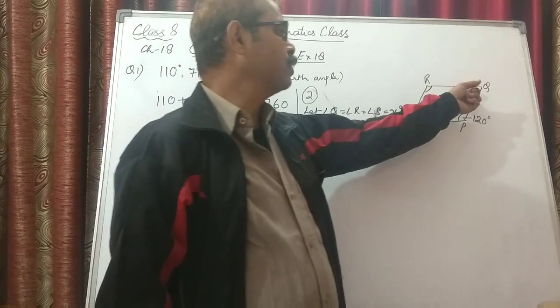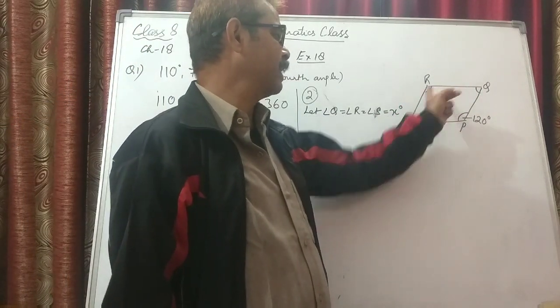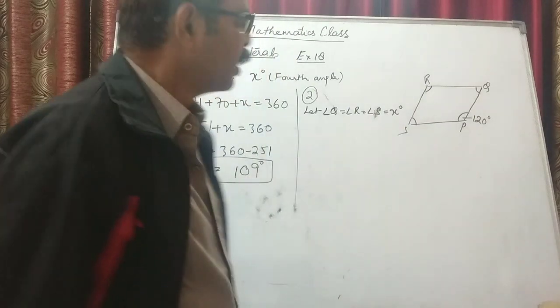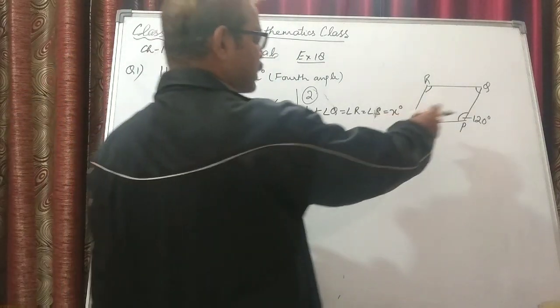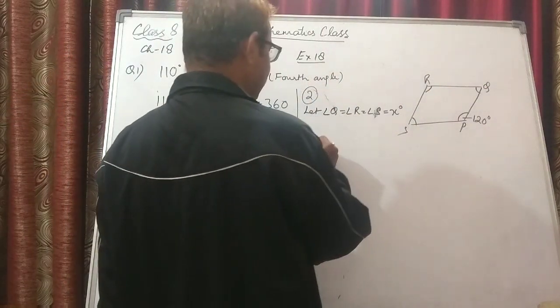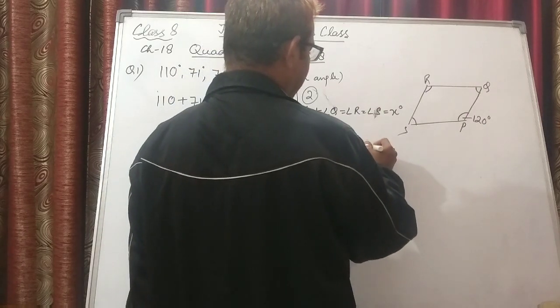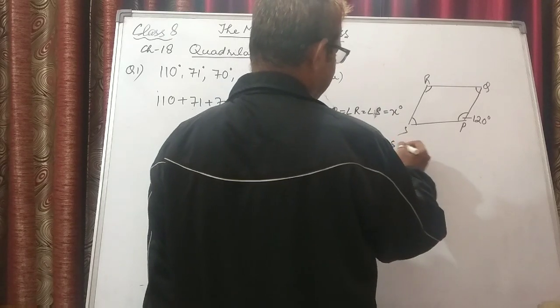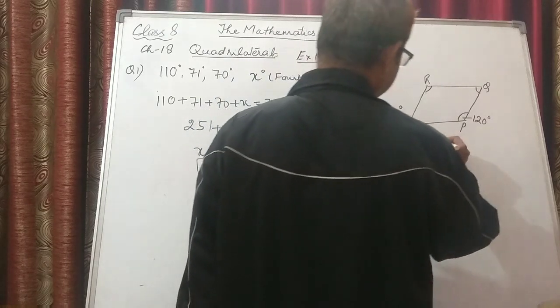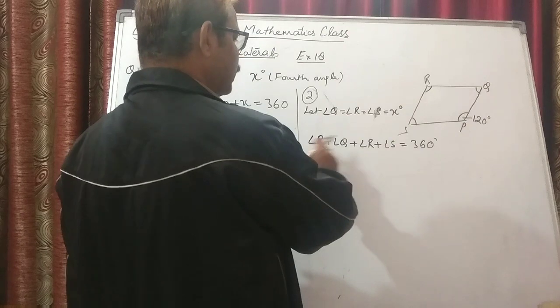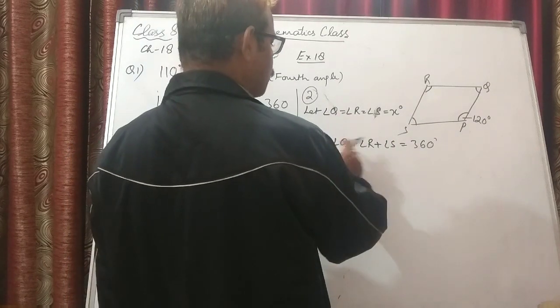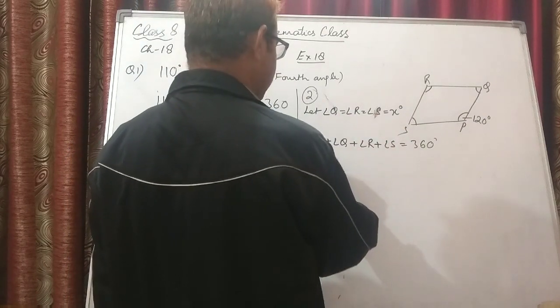Now we know that angle P plus angle Q plus angle R plus angle S is equal to 360 degrees. Angles Q, R, S are x and P is 120.